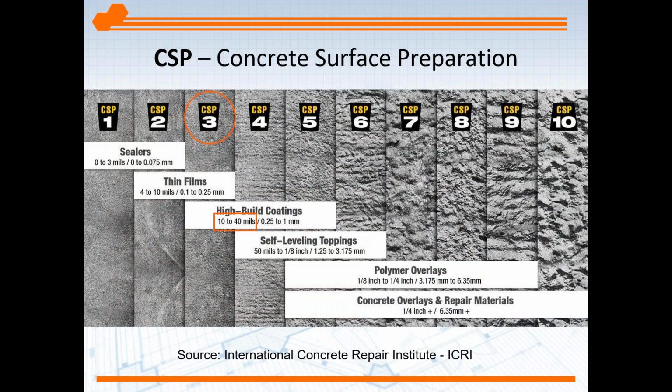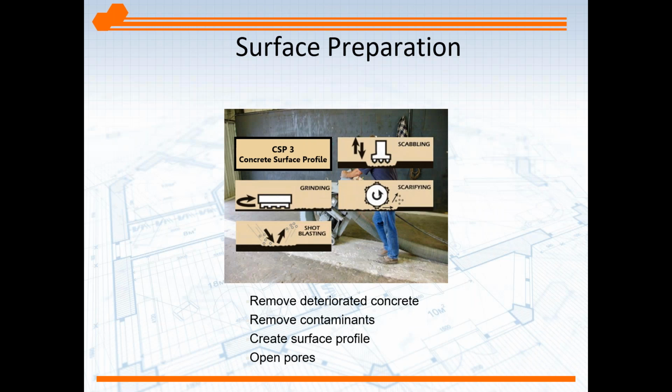There's an organization called ICRI. It has established some concrete surface prep standards, 1 through 10, 10 being the most aggressive. And typically for moisture mitigation products, they require a CSP3. It's aggressive, meaning that to achieve a CSP3, it's an aggressive process, meaning mechanical prepping.